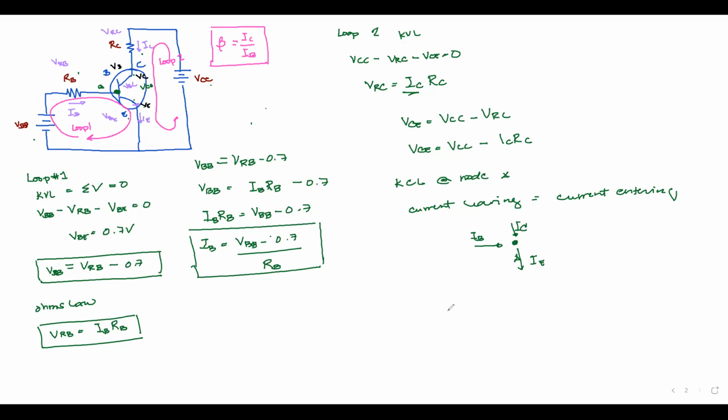In this case, we can say I sub B plus I sub C is equal to I sub E. Since we already have your current, can we now solve for this one? Yes, we can. All you have to do is substitute the value of the current and then you can solve for the different parameters.